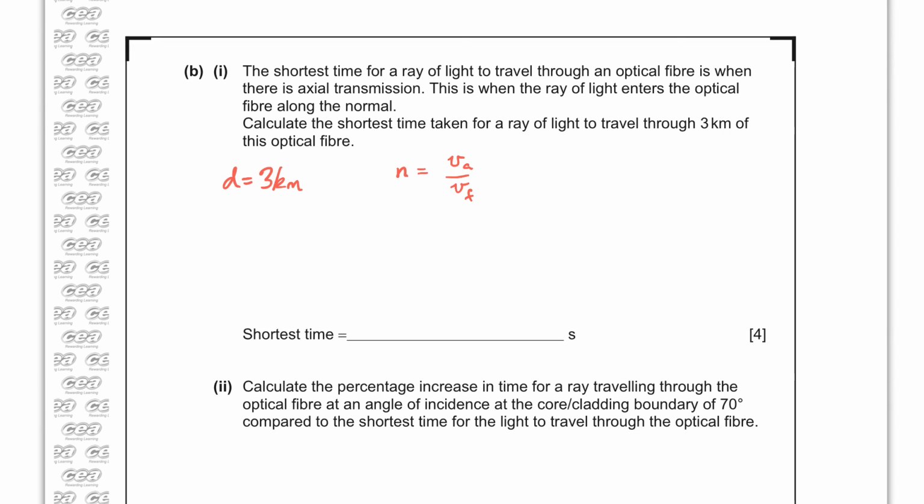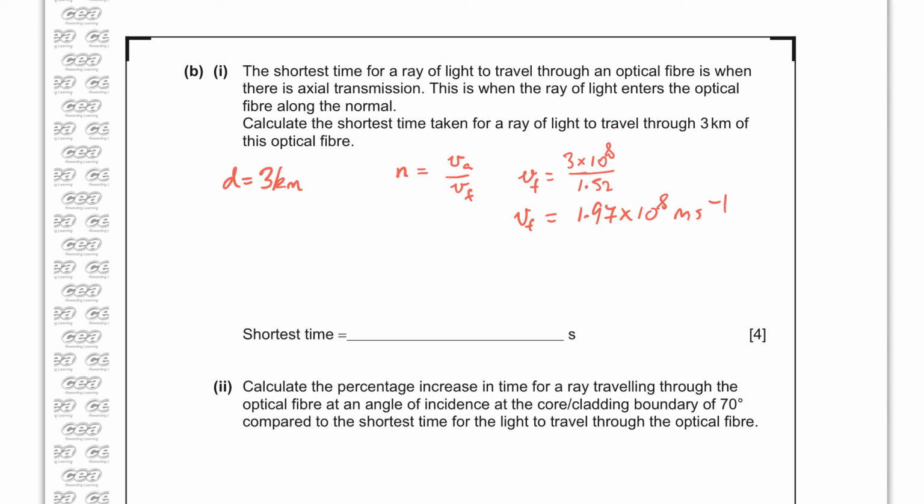So we can get the velocity in the fiber by doing v_a over n, and that gives you the v in the fiber to be like 1.97 times 10 to the 8 meters per second.